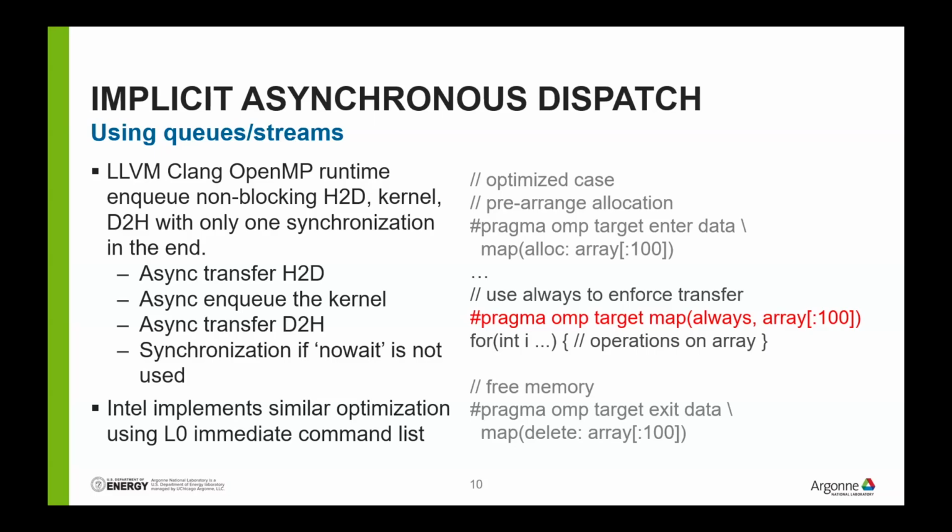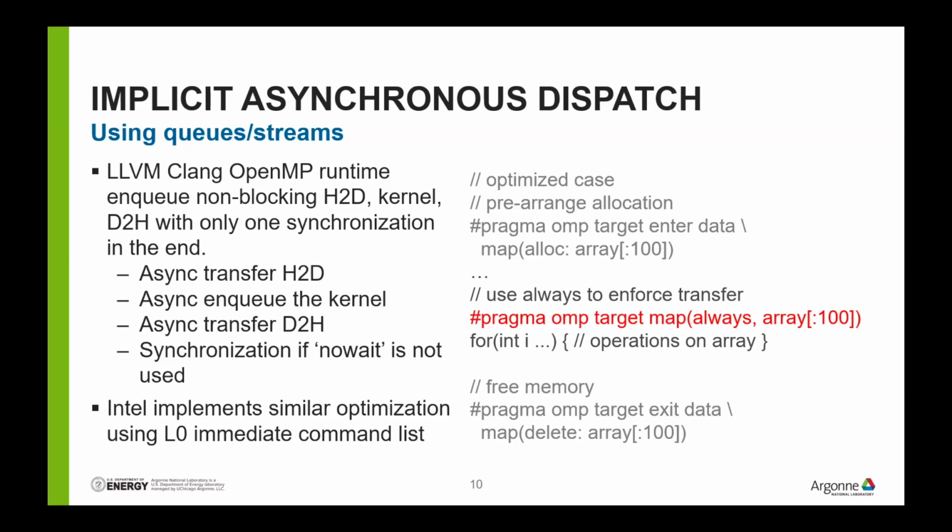So in this simple example, OpenMP will move your data, this array, because I said always, that means data will be moved to the GPU and moved back from the GPU every time this target gets executed. When the OpenMP runtime figures out that it doesn't need to do any allocation or wait for the allocation, because the device memory space is already available, the runtime will start scheduling all the transfer and computing using the underlying asynchronous mechanism provided by the GPU.